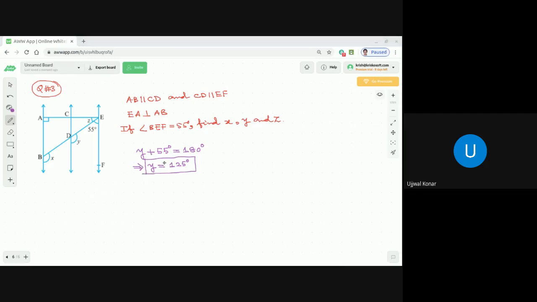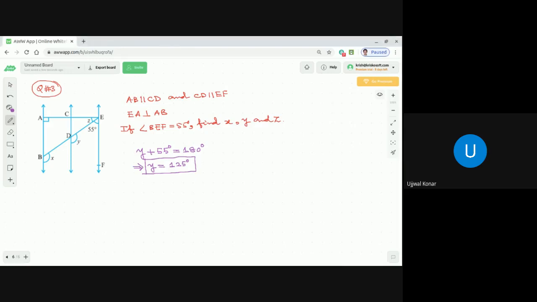Now, X is also equal to Y. Why? Because AB is parallel to CD according to the question. If AB is parallel to CD and angle Y we are aware of, then definitely angle X should be equal to angle Y from the corresponding angles axiom.